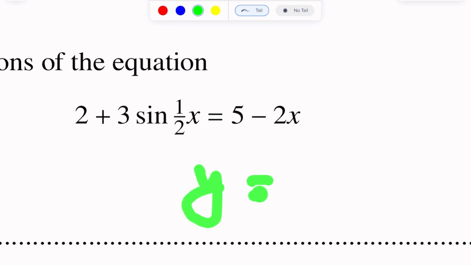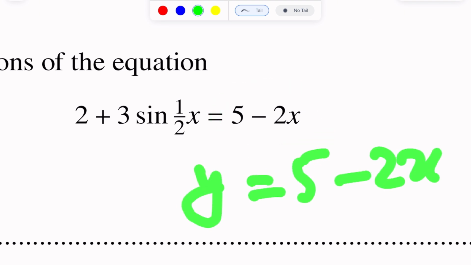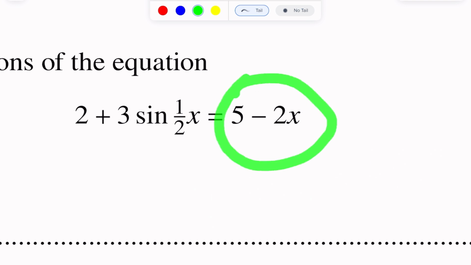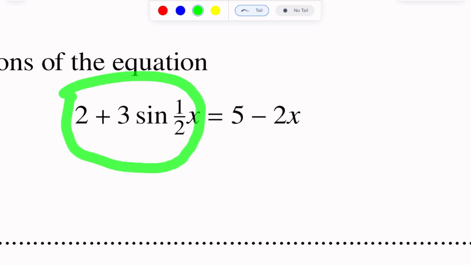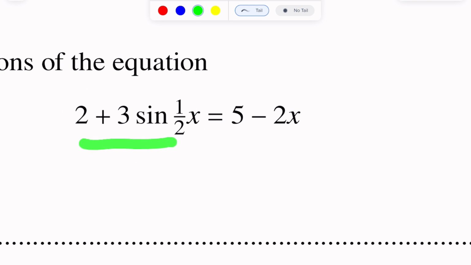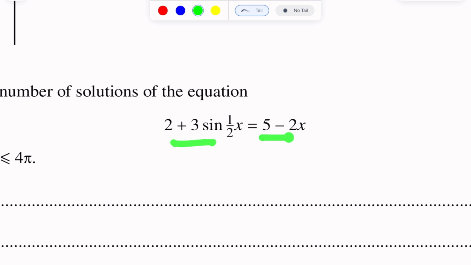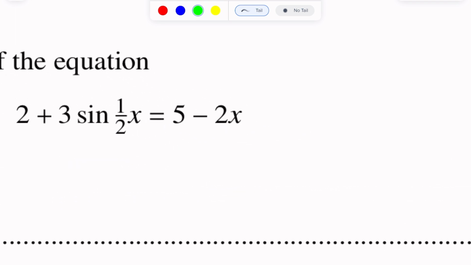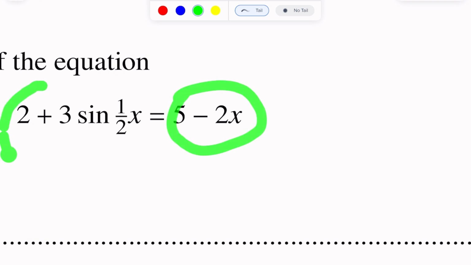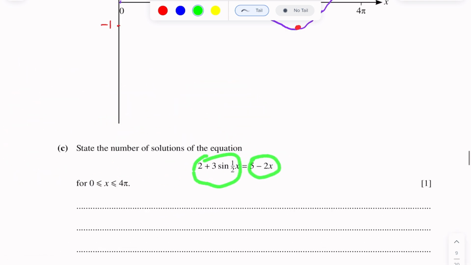If these two functions are equal, we have to find the point of intersection of this line and this curve. The curve we have drawn already.